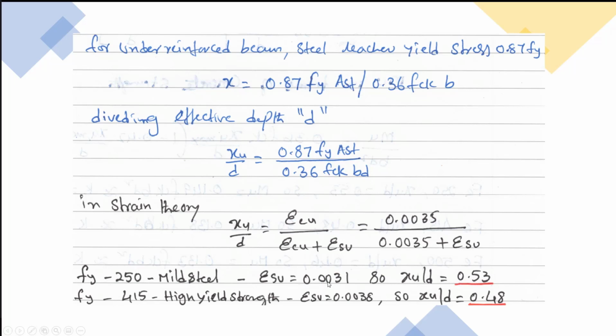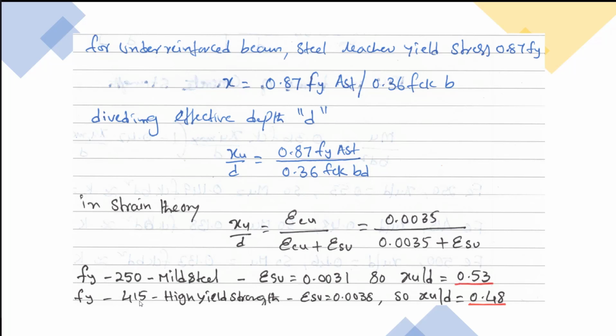For mild steel it is 0.0031, for high yield strength steel 0.0038. If you substitute these two values, the neutral axis depth Xu by d is 0.53 for Fy 250 and 0.48 for Fy 415, high strength yield steel. These two values are better to recall during the design.